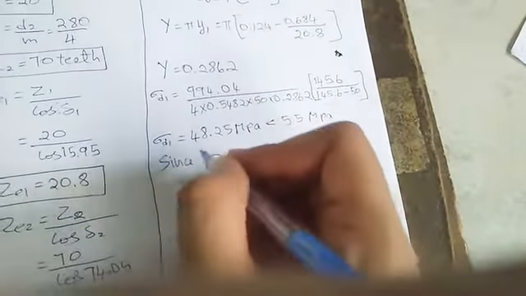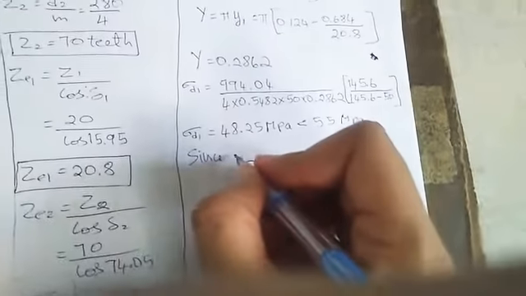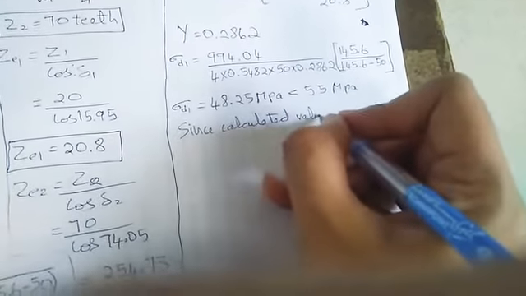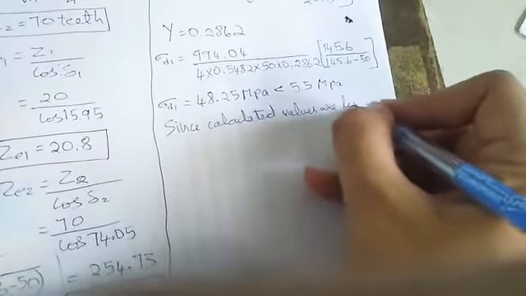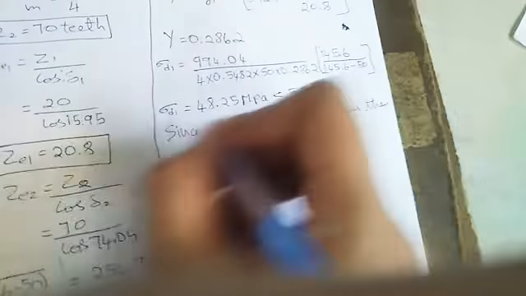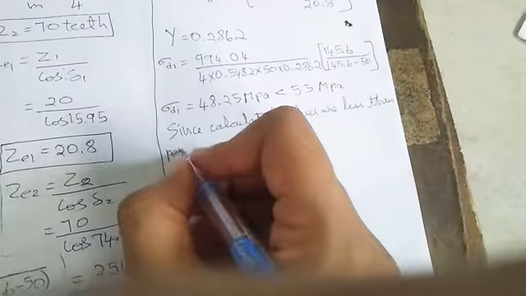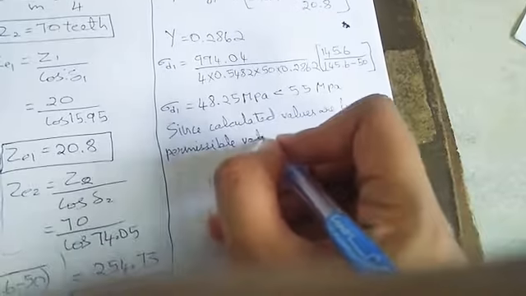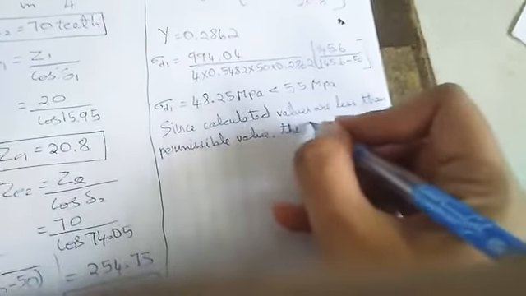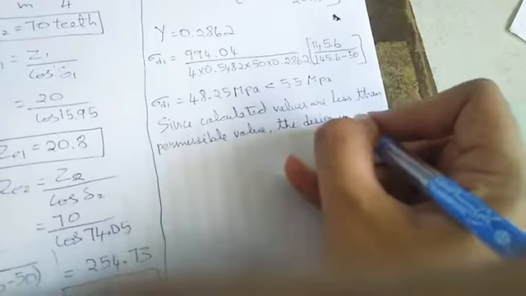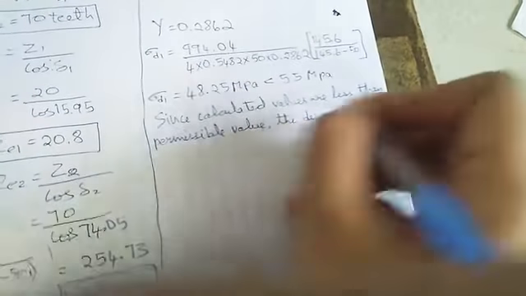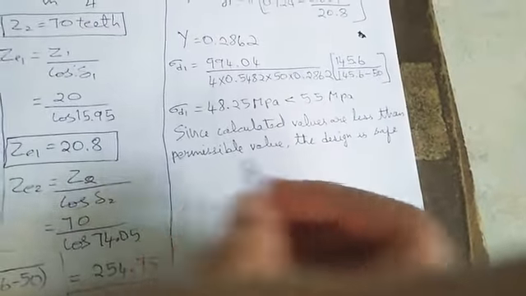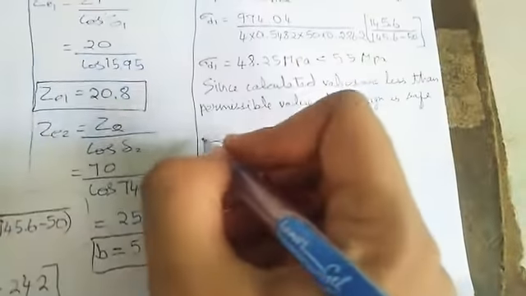We'll write the comment: since calculated values are less than permissible value, the design is safe. This comment we have to write, and we'll proceed further.